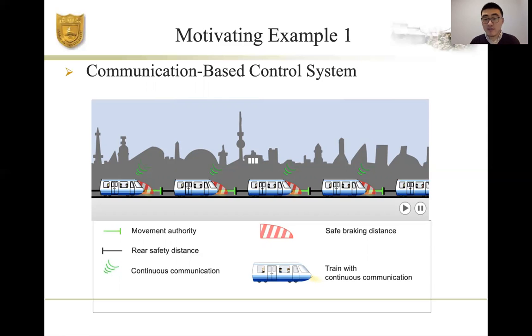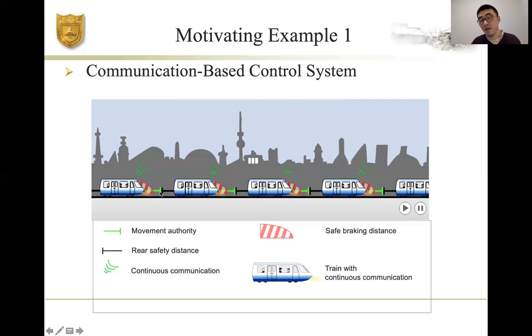And we also have the safe braking distance. It's used to say that if you start braking now, considering your current velocity and so on, you may stop by the end of this SBD point. And we also have the rear safety distance.